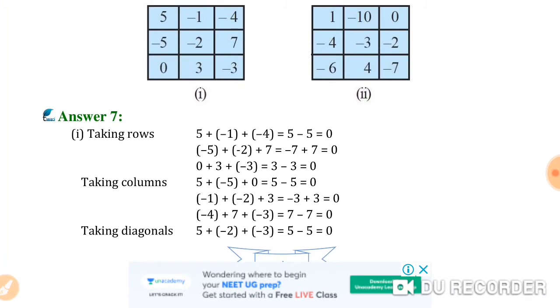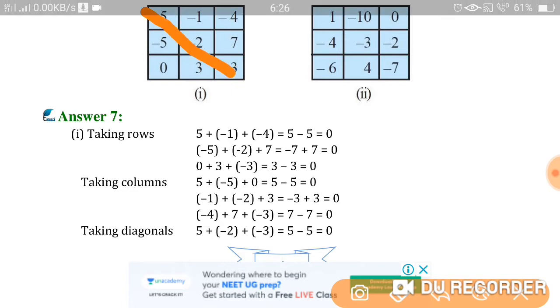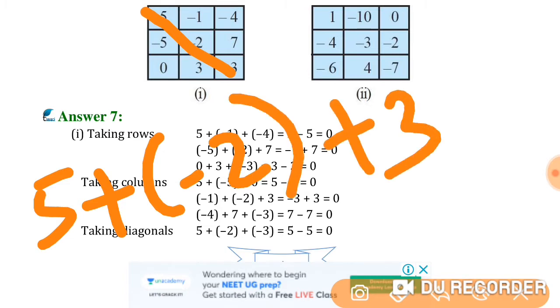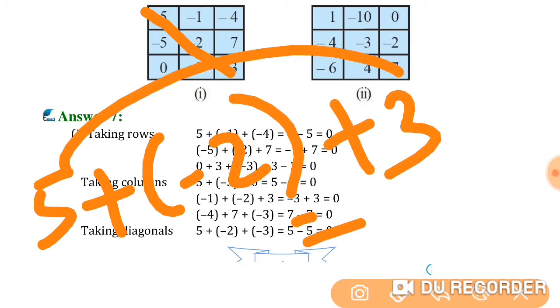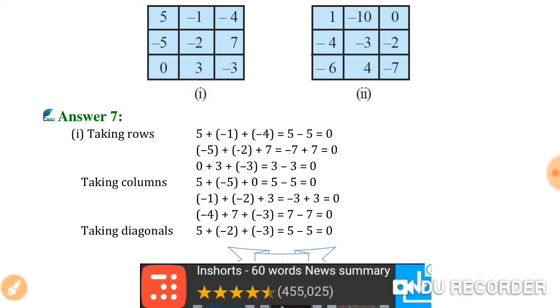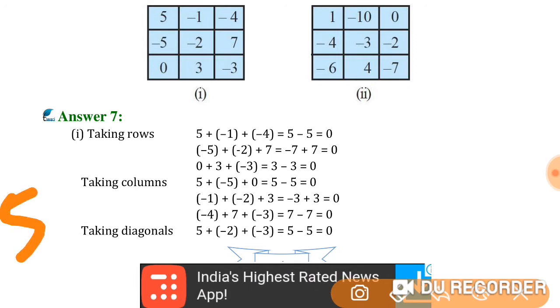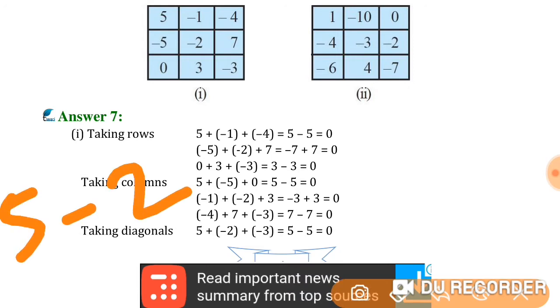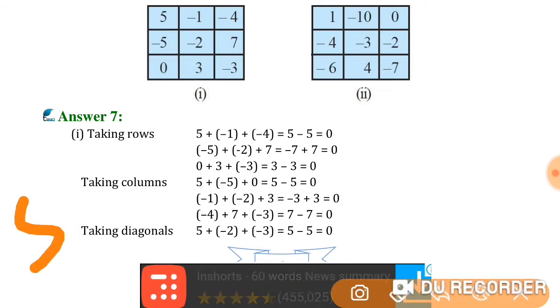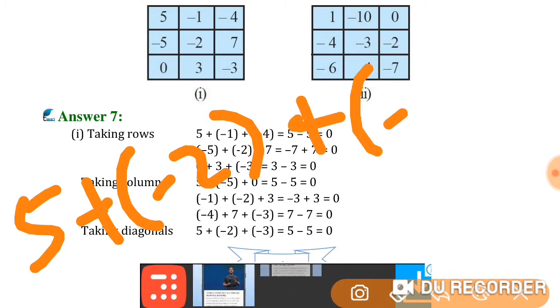Then we can take the diagonals here. So 5 plus minus 2 plus 3. Wait, somewhere it is wrong, I have taken a wrong integer. So 5 plus of minus 2 plus of minus 3.